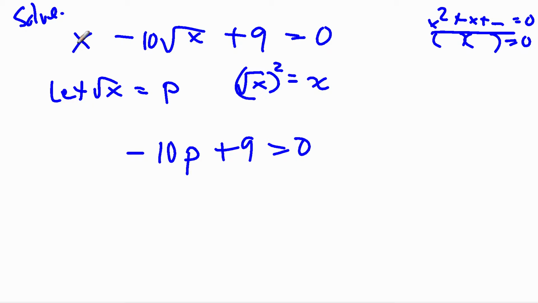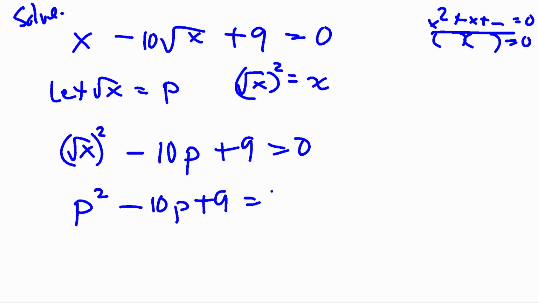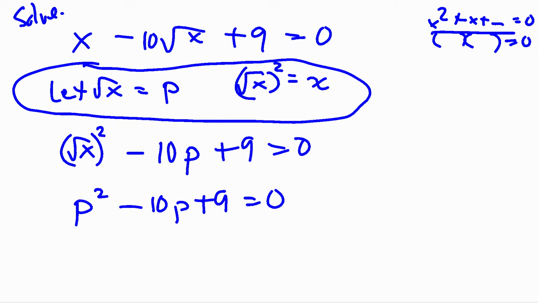So if I'm changing every root x to p, I could change this x to root x squared, but root x is actually just p. So really I've got p squared minus 10p plus 9 is equal to 0.